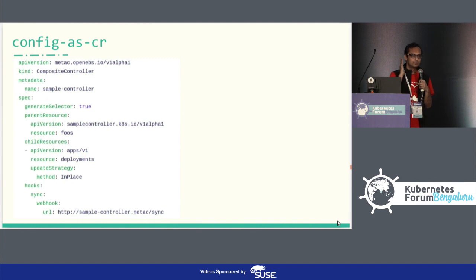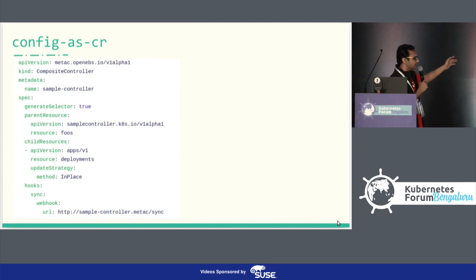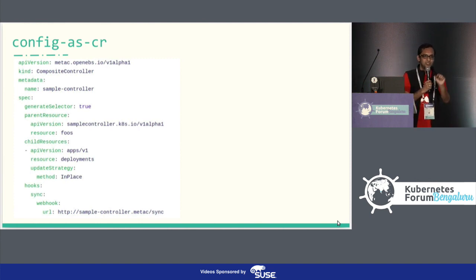The first thing in MetaController is a CR. This CR is not equivalent to your business CR, which is your intent. This CR is something that MetaController understands. It looks like what you see is what you get. There is a parent and there is a child. The parent is nothing but the foo resource, which is your business CR.